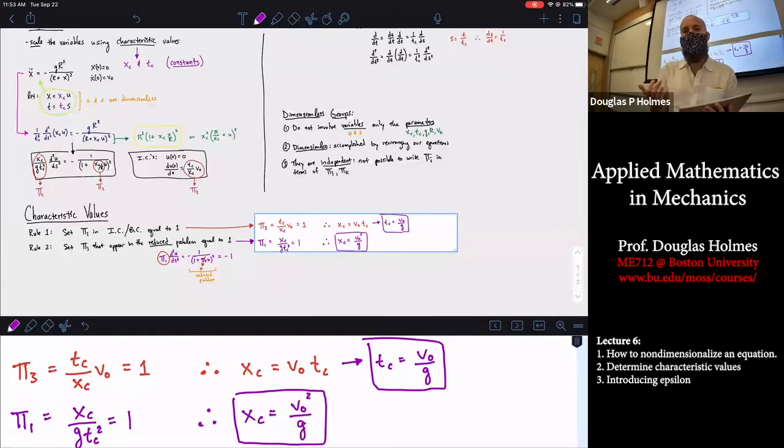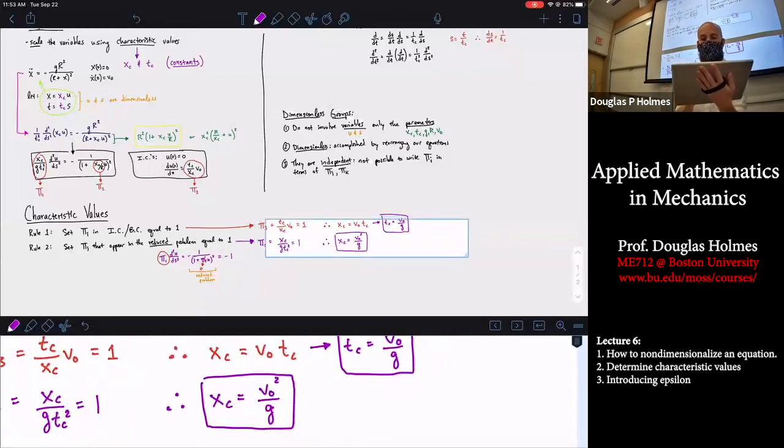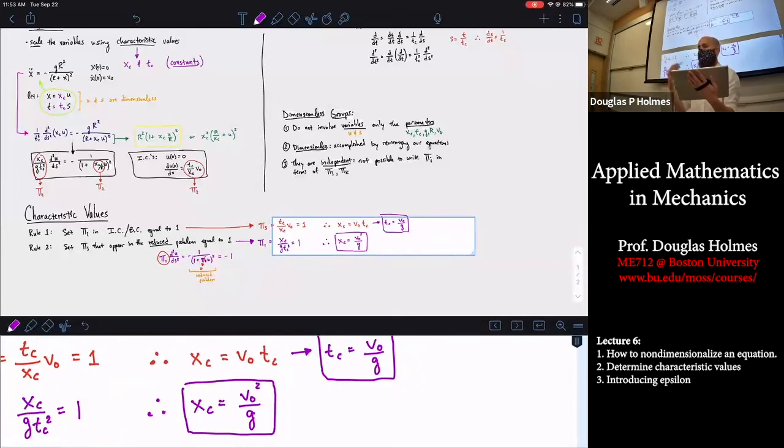By identifying what is essential to the problem you're trying to solve, you can determine what the characteristic time scale and characteristic length scale in your problem are. Characteristic time scale is a ratio of the velocity to gravitational acceleration, and the characteristic length scale is the ratio of the velocity squared to gravity.